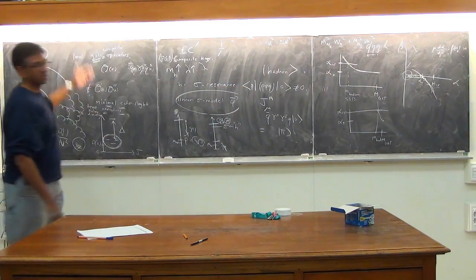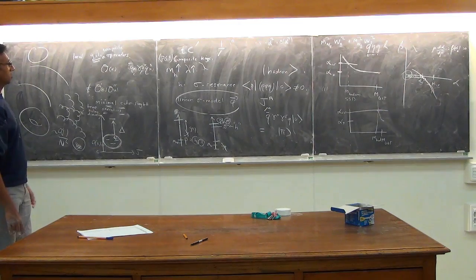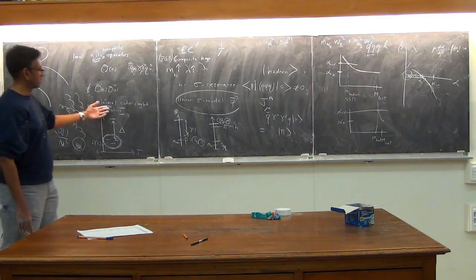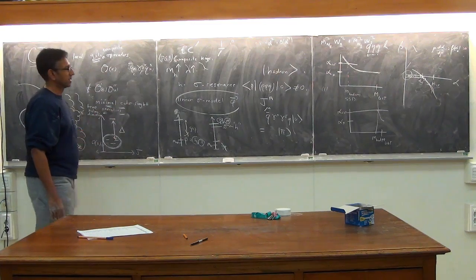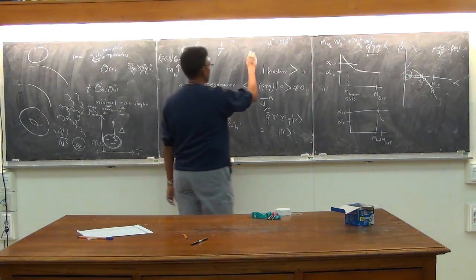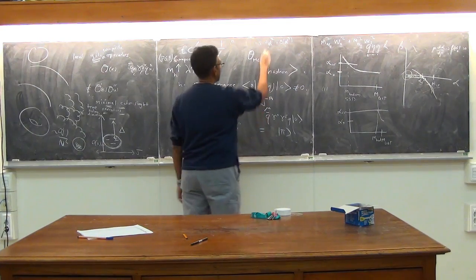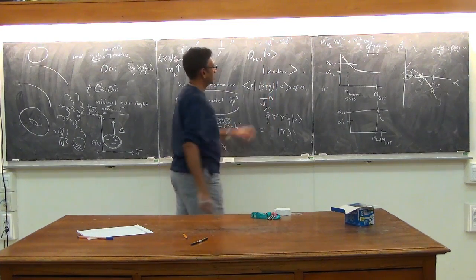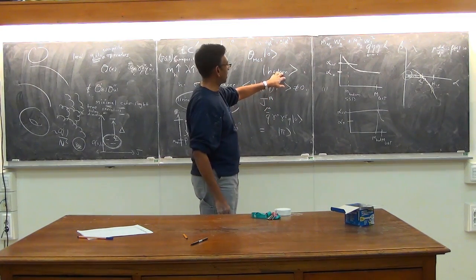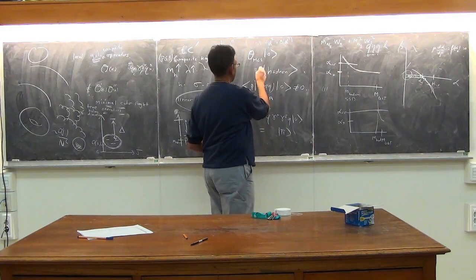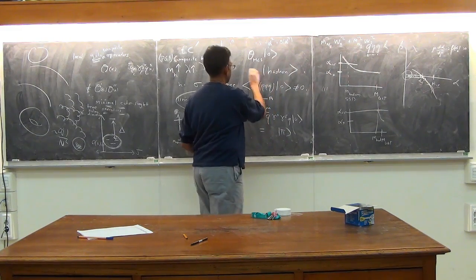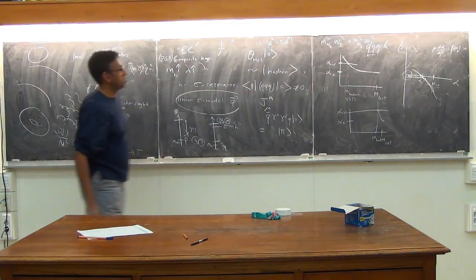Now we look at these composite operators here, and we ask, what is the significance of the minimal color singlet ones? Well, if a minimal color singlet acts on the vacuum, it can create some hadron. Creates a hadron.